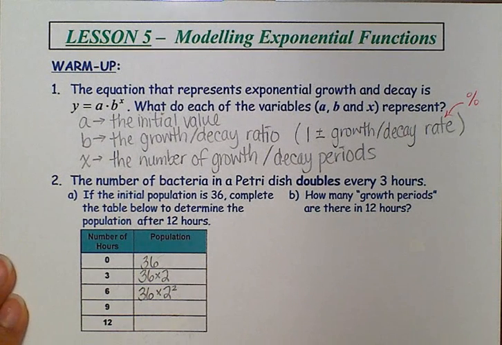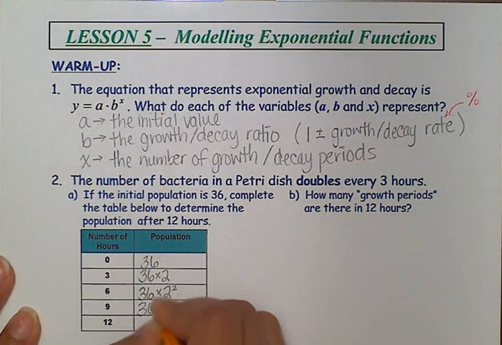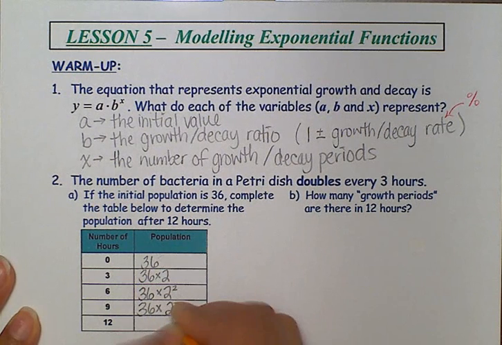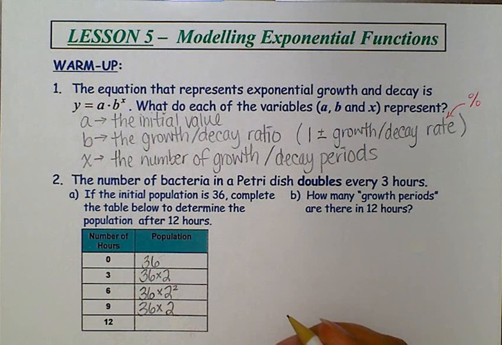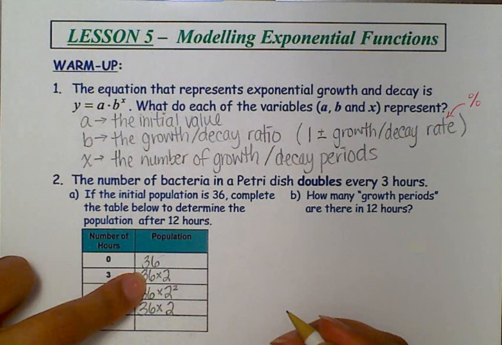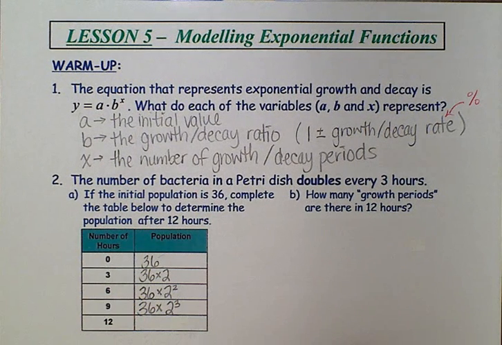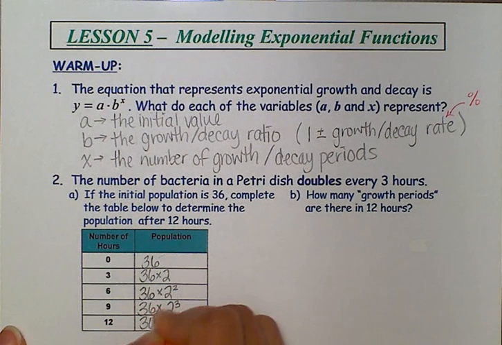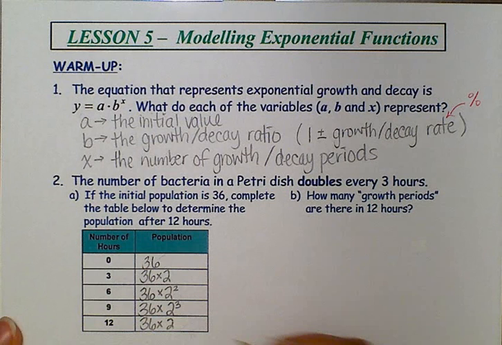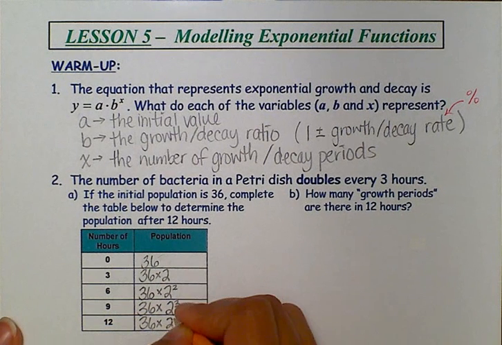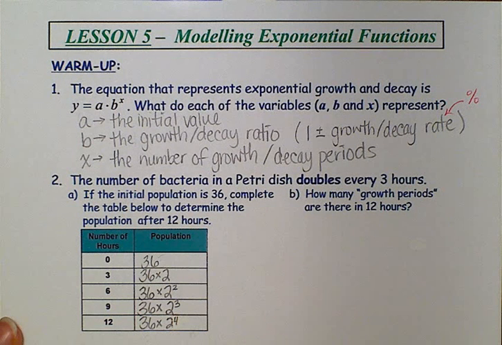Okay, the next one. In another 3 hours, the population is going to double again. So it's going to be 36 multiplied by 2 times 2 and then times 2 again. So that'll give me 2 to the exponent 3. And then in 12 hours, I'm going to have 36 times 2 times 2 times 2 times 2, which is 2 to the exponent 4. And I'll actually evaluate this one because this is the one I'm looking for the value of.